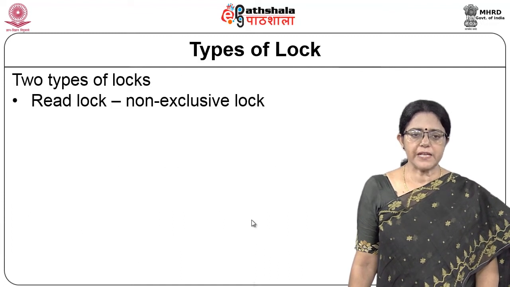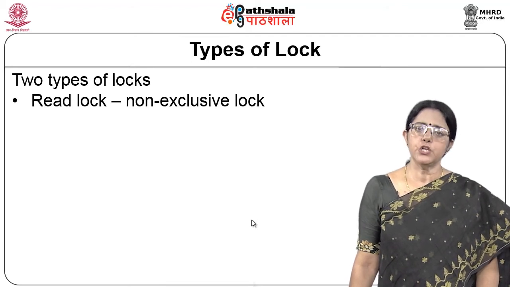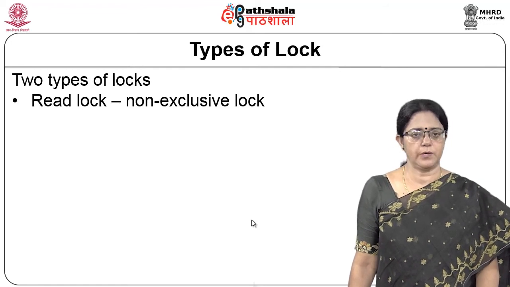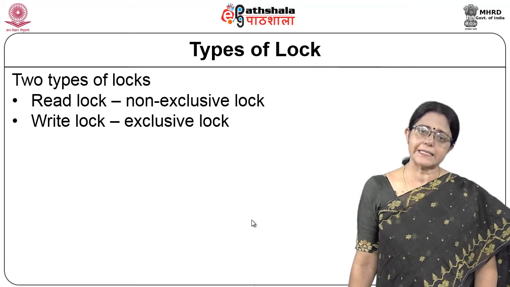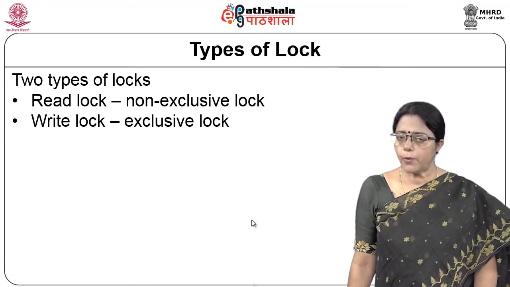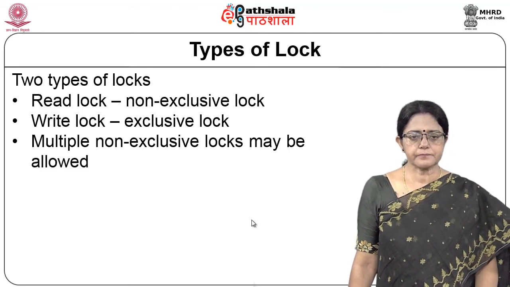So, we have two types of lock. One is a read lock. Read locks are also called non-exclusive locks because two reads on the same data object by two different transactions will be allowed. And then we have write locks. Write locks are called exclusive locks because one write lock will stop all other read and write locks on that same object.